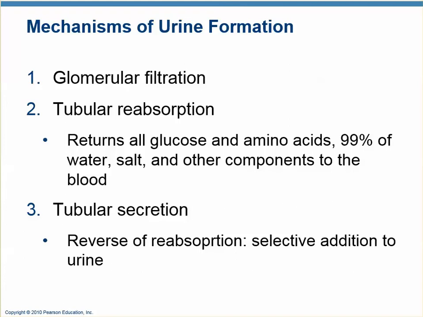Now the third process is called tubular secretion, and this is the reverse of absorption, and this is an addition to the urine. It's getting rid of stuff that we want to get rid of that maybe got reabsorbed. So it was filtered out, reabsorbed, but there's too much of it, so we put it back in the urine with secretion. Potassium is the big thing for this.